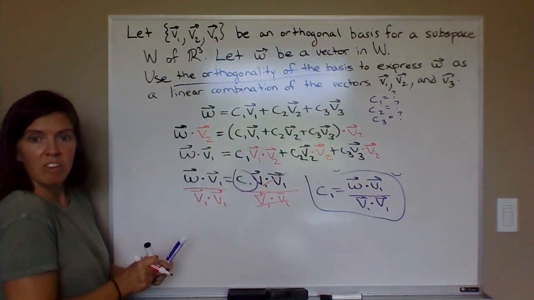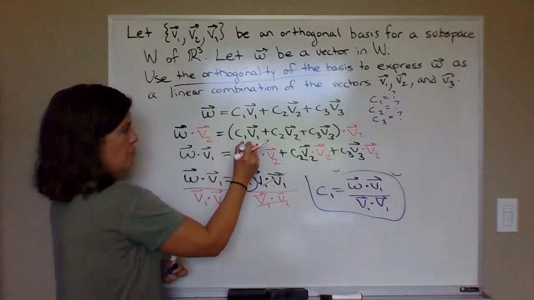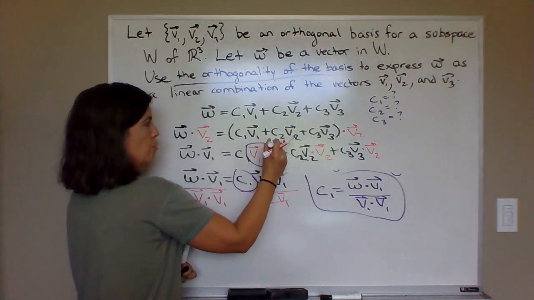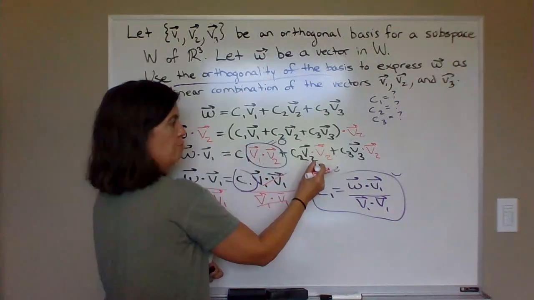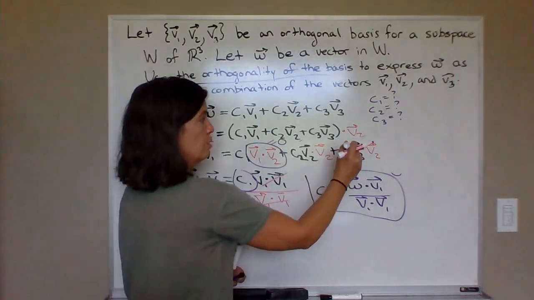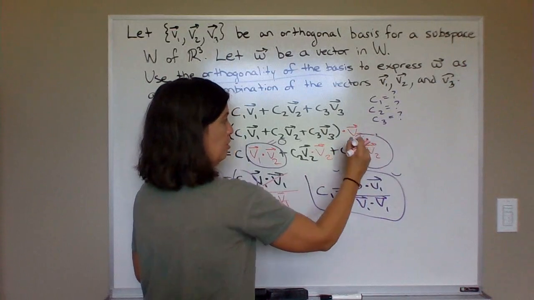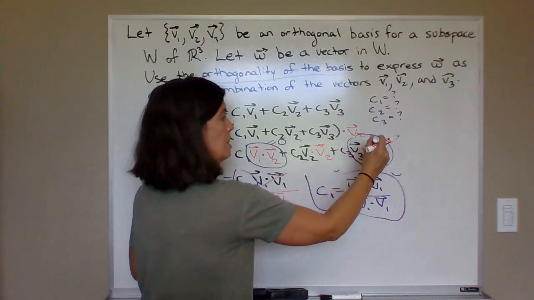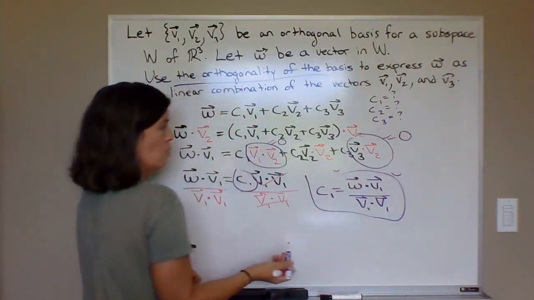And so this time, V1 and V2 are orthogonal, so this inner product will be 0. V2 dot V2 is not 0, because V2 is going to be a non-zero vector, because it's a basis vector. V2 dot V3 would have to be 0, because those vectors are orthogonal.